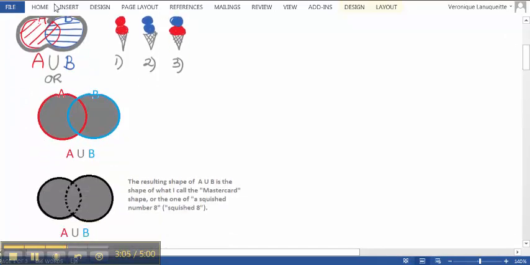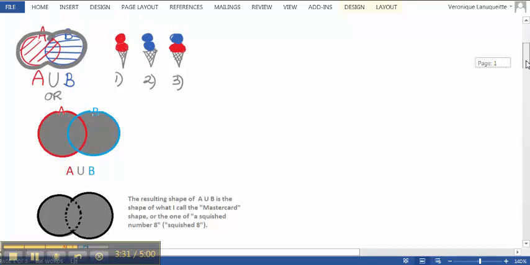So if you were to color all of this shape, you would get the gray feeling, which I have right here when you fill that in. So A union B is really what you see right here, that shape, which I call MasterCard. It looks like the MasterCard logo, or what I call squished 8, if you want to call it something else. And that's what we have for A union B.